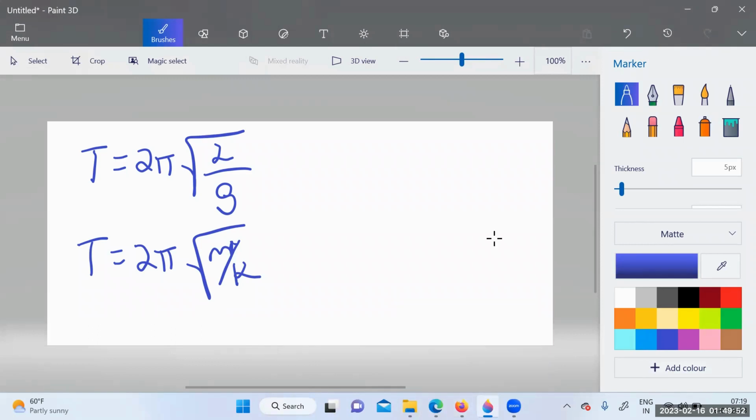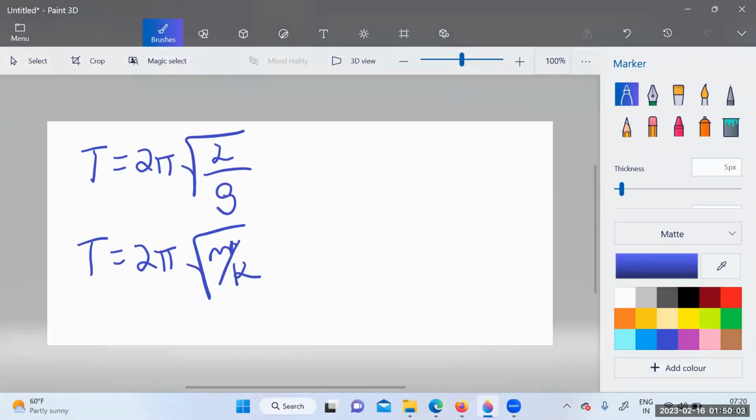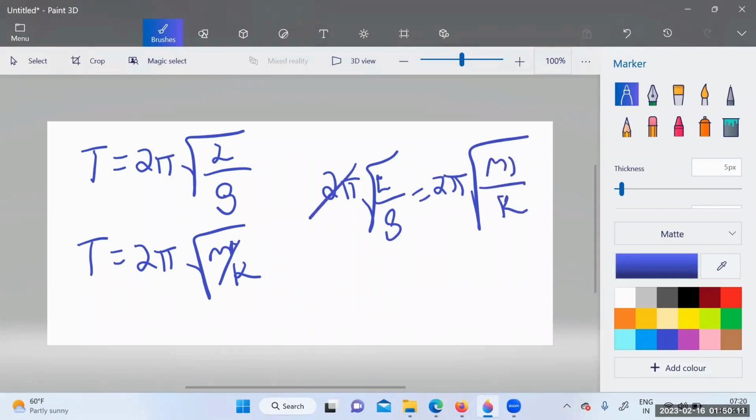What have they told in the question? Both the spheres have the same period of oscillation. So equate them: 2 pi into square root of L by g equals 2 pi into square root of m1 by k. 2 pi gets cancelled, the square root you can cancel out. So k would be equal to m1 into g over L. That's all.